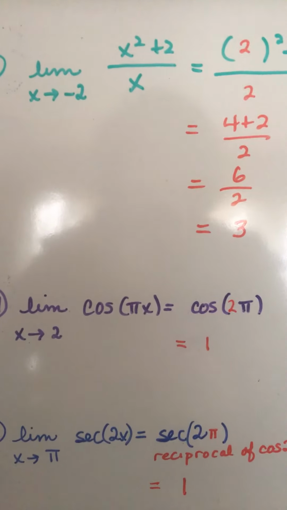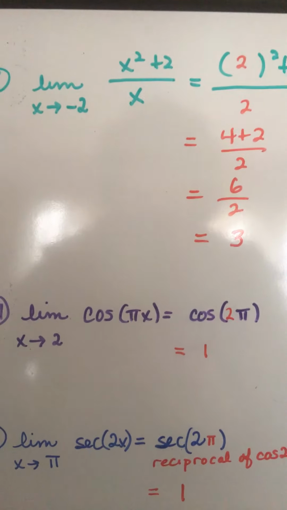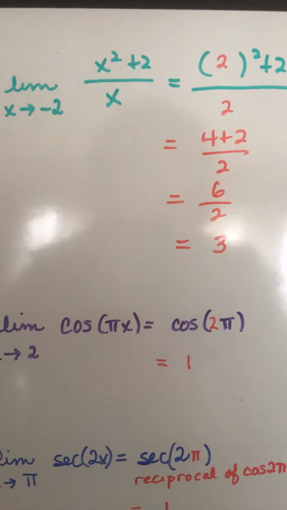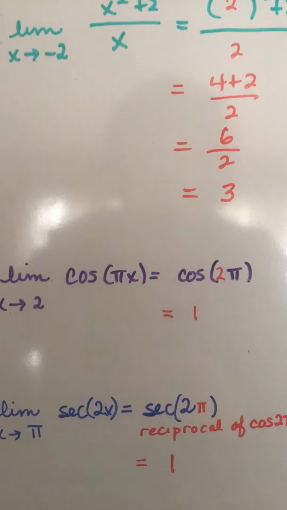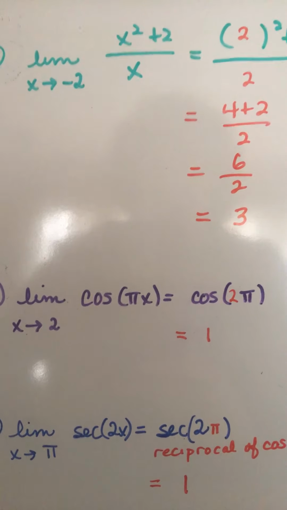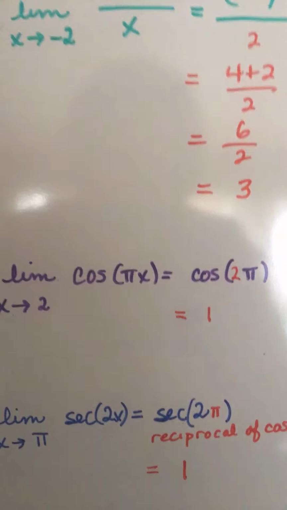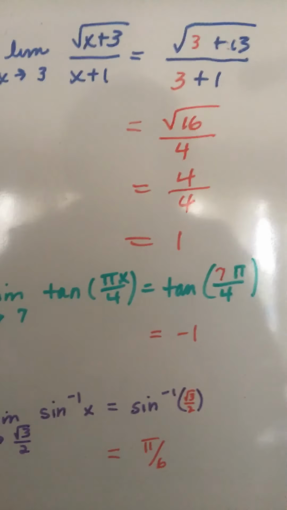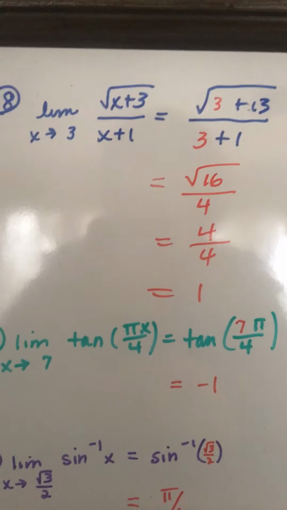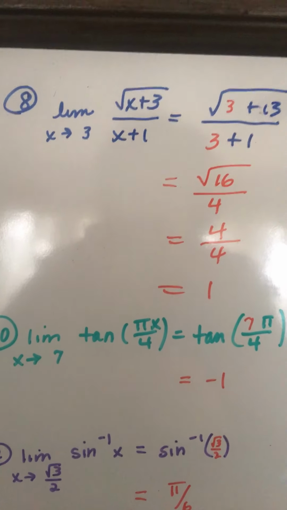Yes, trig can come in. The limit as x approaches 2 of cosine of pi x over 2 is cosine 2 pi, which is 1. Yes, that's my limit. Yes, it's also going to be my function value since this function will be continuous. I go to another trig function, tangent, plug in the 7.